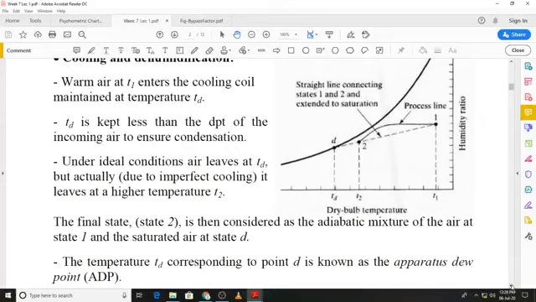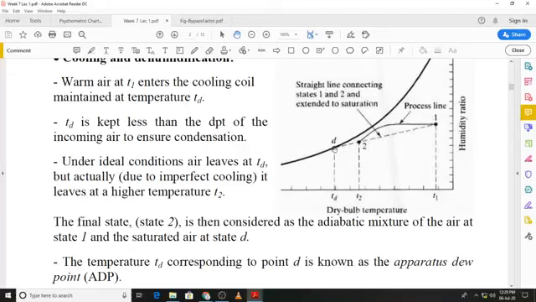So if we look at the representation of this process on the psychrometric diagram, the actual process line is shown by the curved process line, but it can be represented as a state, that is state 2, which results from the adiabatic mixing of two air streams, one which is at a temperature T1 and the other which is at a temperature Td.